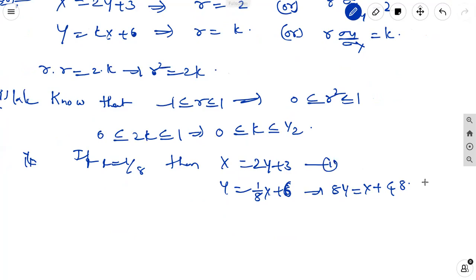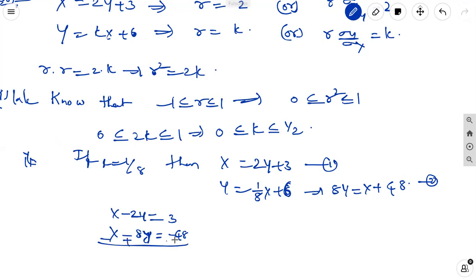Let this be equation 1 and that equation 2. So x − 2y = 3, and x − 8y = −48.